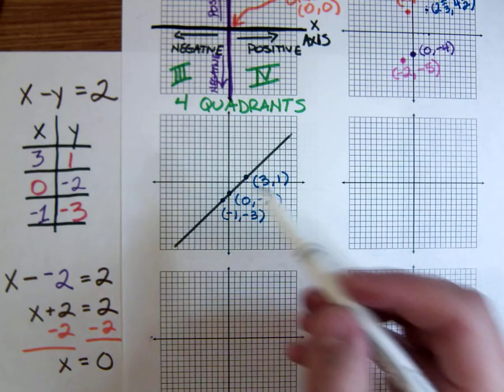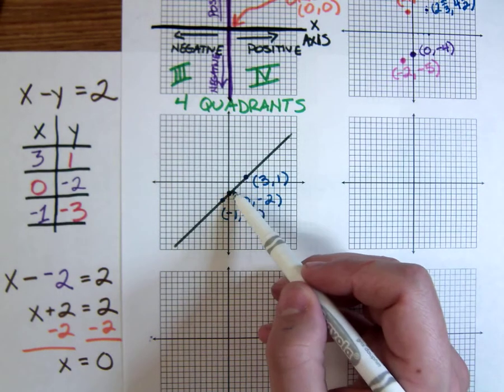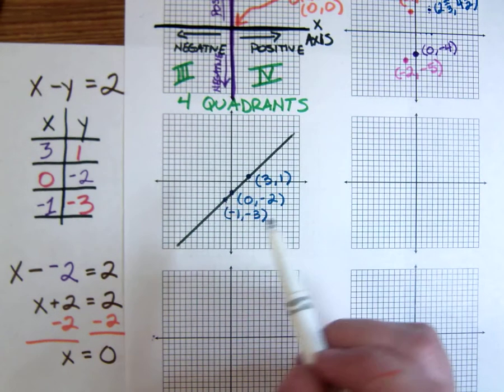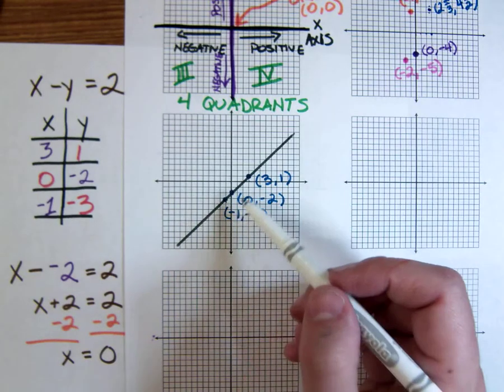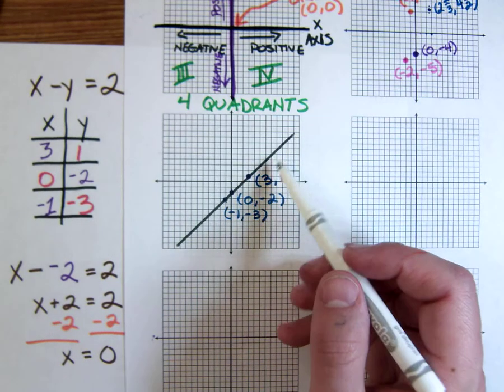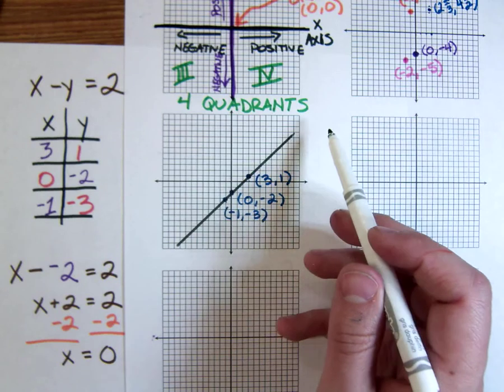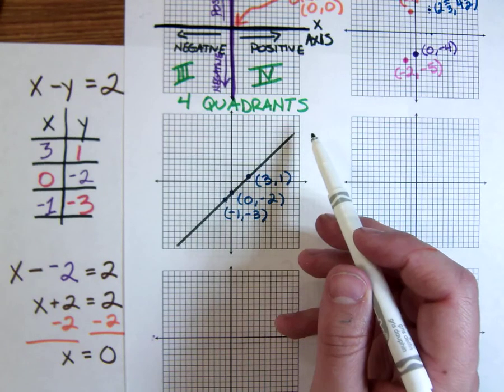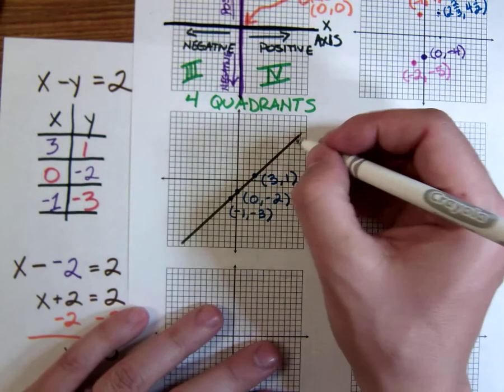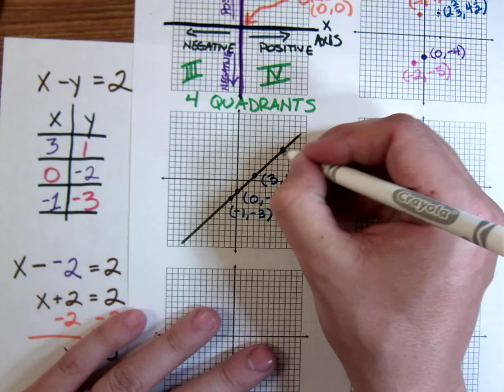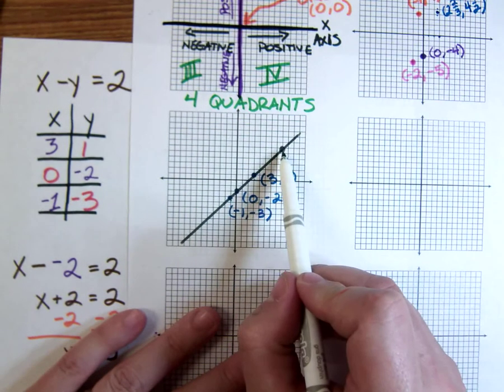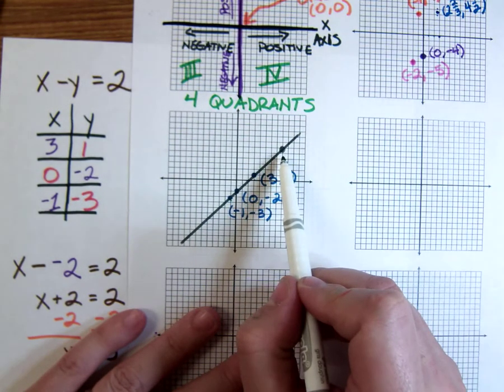I only put 3 dots on here. I put 3 points on there until I drew the line. This looks like a line. It's not really a line. That is a million bajillion dots, all really, really close to each other, each one representing a solution. So like this point right here, whatever coordinate that is, if I plugged that into the equation, it would work. That would be a solution.